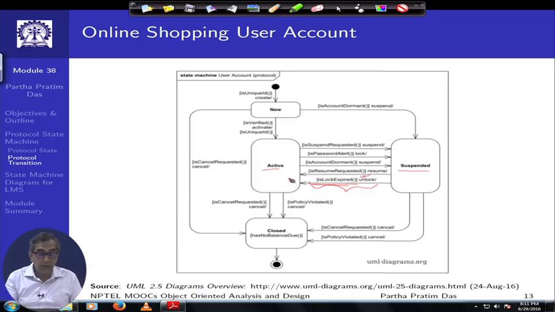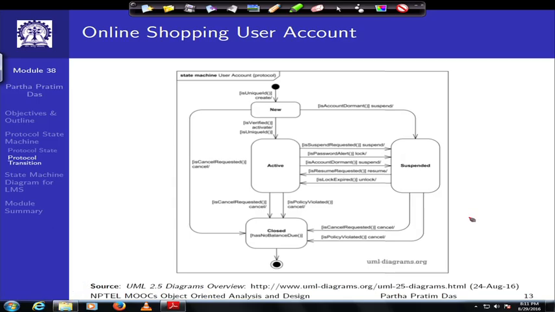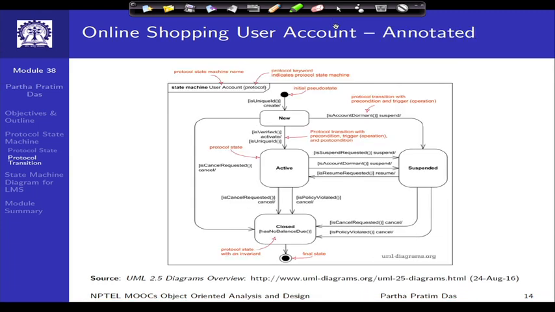So, you come back to the active state. So, in this way you could follow this whole diagram very carefully to see different situations and how they are modeled in terms of the protocol state transition using the precondition, postcondition and trigger models, and learn more about how this state diagram modeling happens.